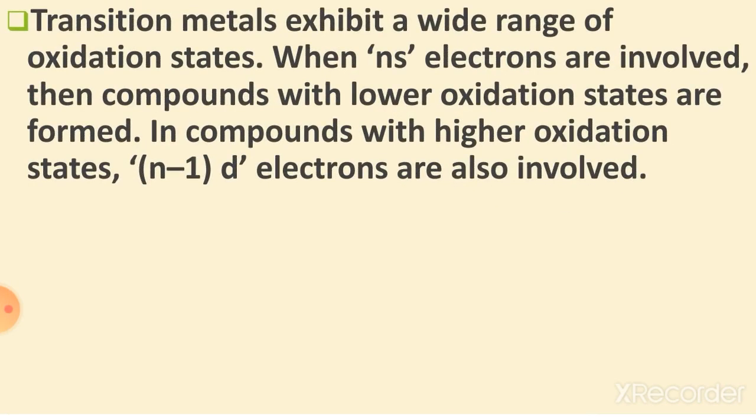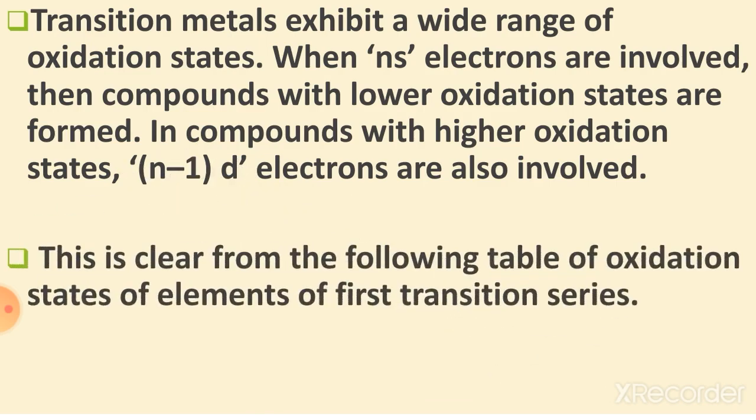Now dear students, next point you have to note down: transition metals exhibit a wide range of oxidation states. When ns electrons are involved, compounds with lower oxidation state are formed, but in compounds with higher oxidation state, (n-1)d electrons are also involved. You also have to know why they show the higher oxidation state and when they show the lower oxidation state.